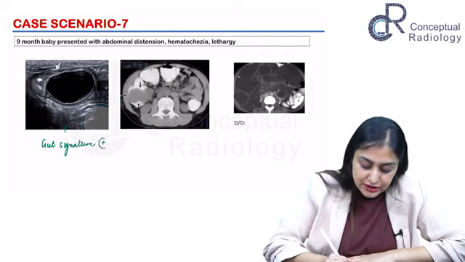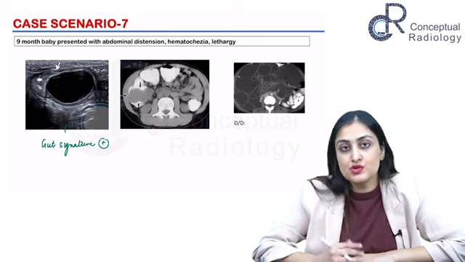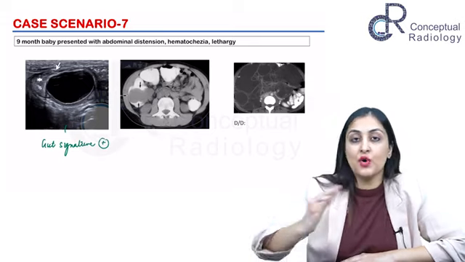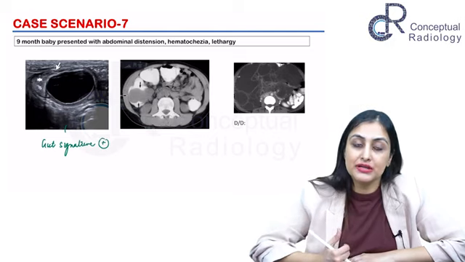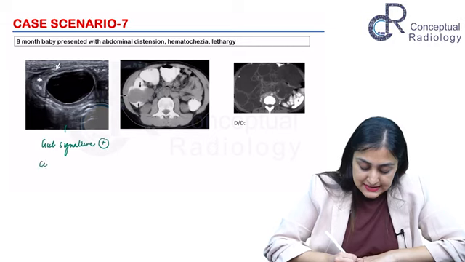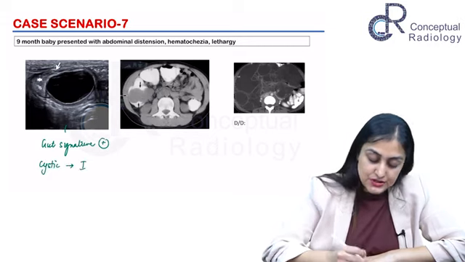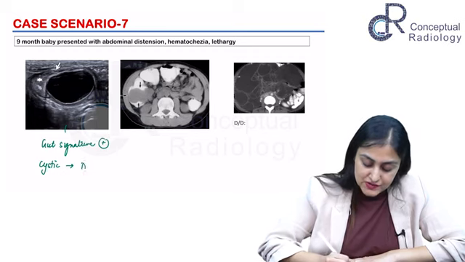You see the different layers, the variegated appearance of the bowel, which is known as the gut signature, wherein you have alternating hypo and hyperechoic areas, which tell you that this is a cystic lesion related to the bowel, and that is diagnostic of a duplication cyst, right?